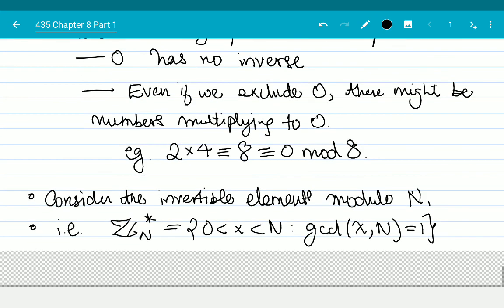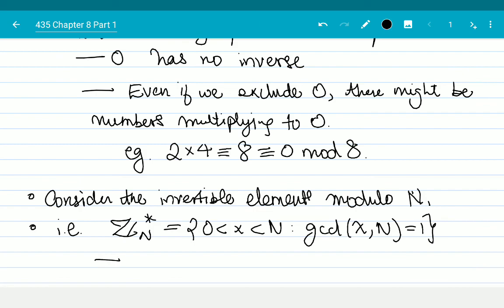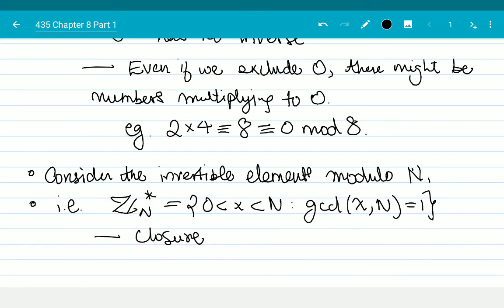We have looked at this group before, and now certain things are true. Closure is true. If you take two elements and multiply them, and their GCD with n was initially 1, multiplying two things which have GCD 1 with n will still keep the GCD 1.